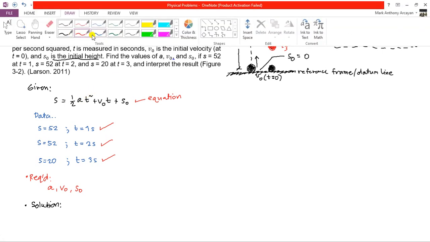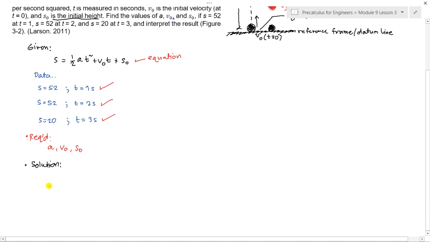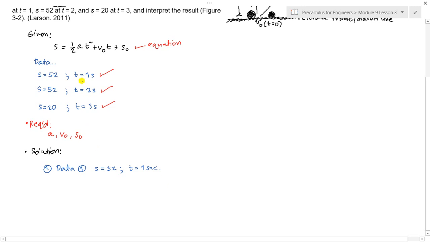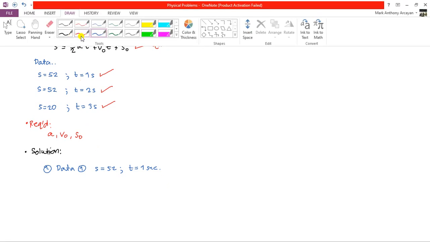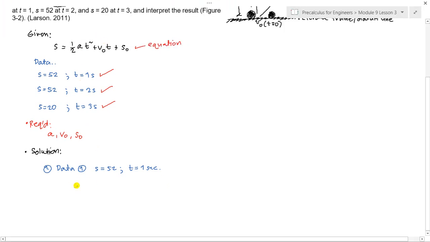So, let's start with the first one. Data 1, from freefall, it states that at height of 52 feet, the time there is 1 second. So, therefore, from our general equation, we have S is equals to 1/2 AT squared plus initial velocity times time plus the initial height.